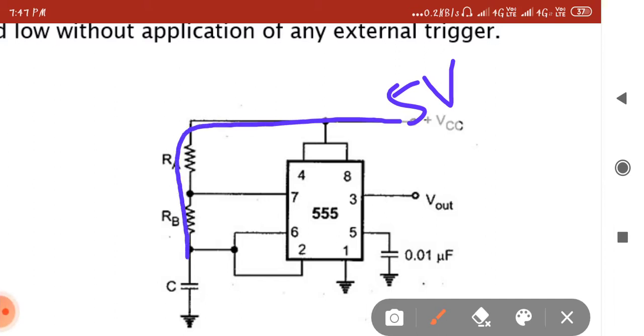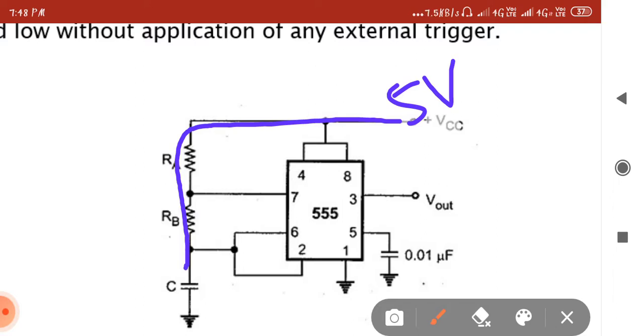Through this, the capacitor starts charging. Pin number 7 is used for discharging in the IC555 timer.